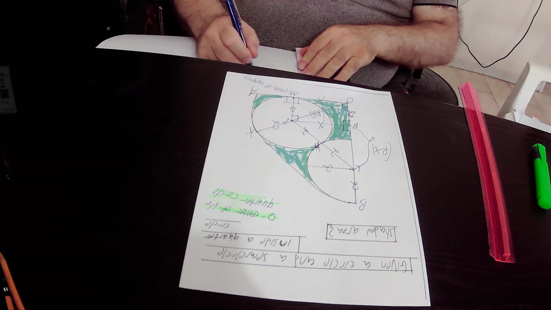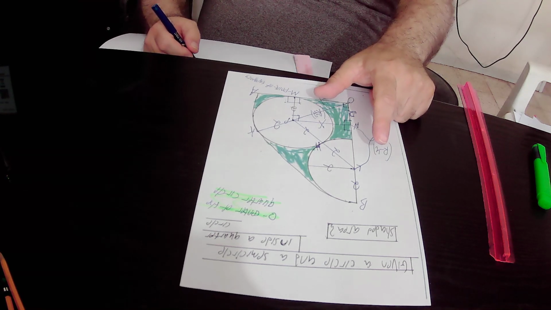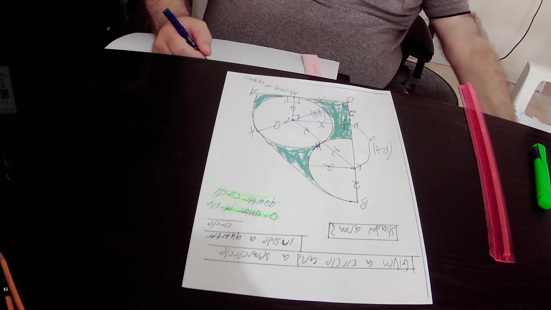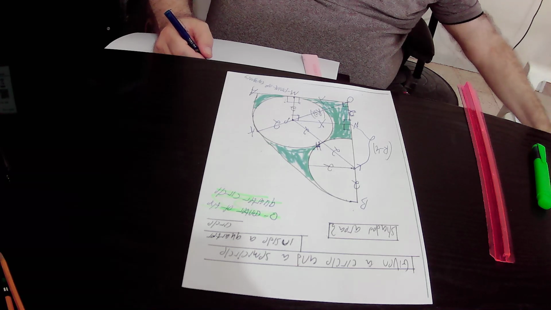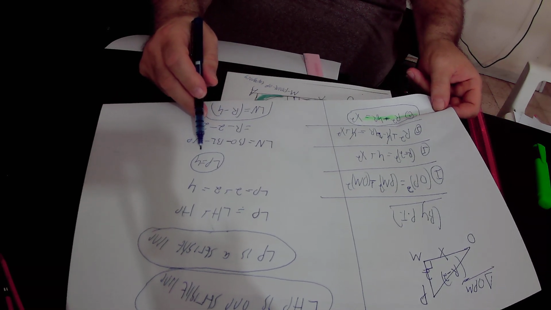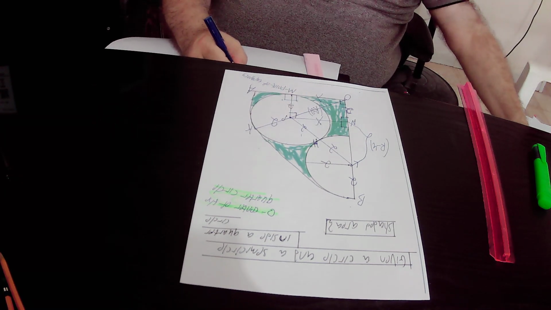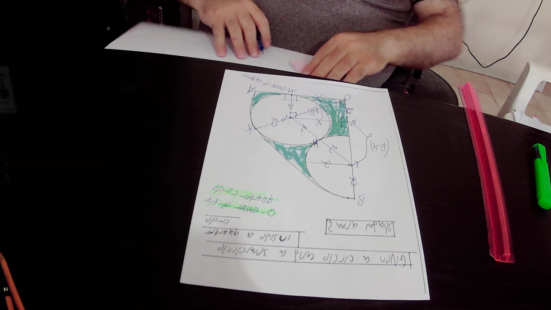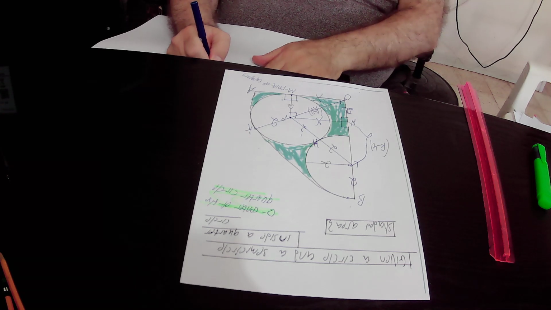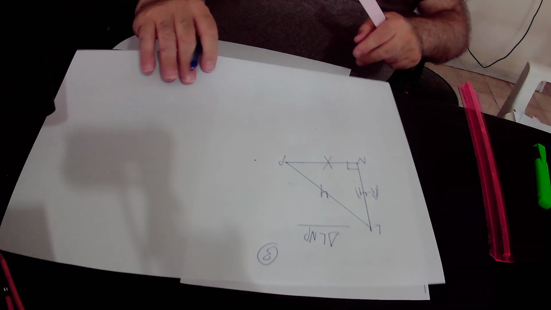Side NP equals X. And the hypotenuse LP, we already found out, equals 4 units. It is 2 plus 2, that is 4.